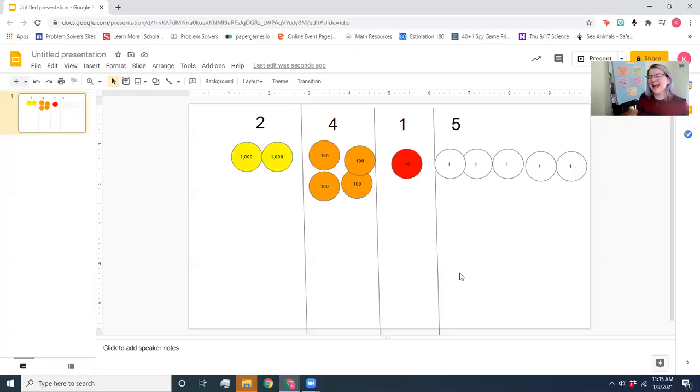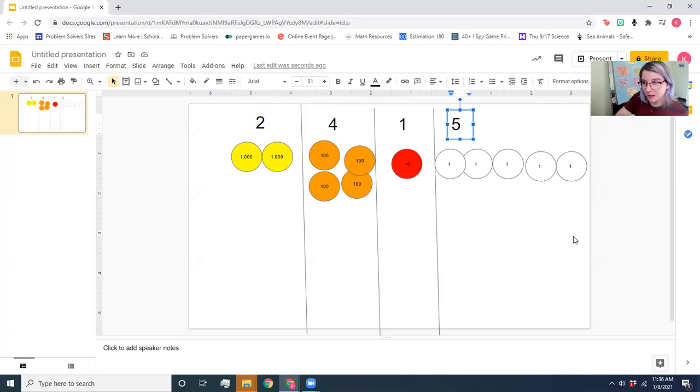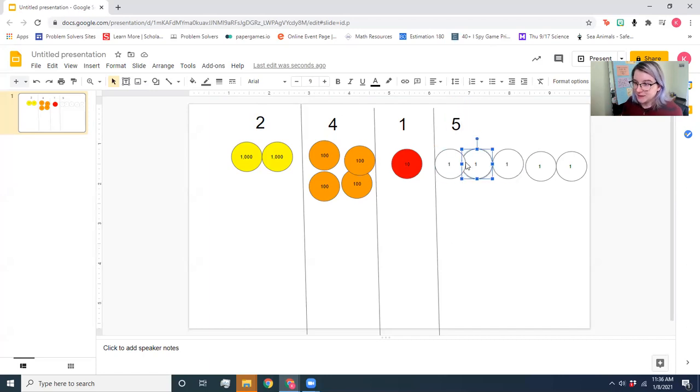Okay, so here I have a visual representation of the number 2,415 split into the place values. So in the ones place, we have 5 ones. 1, 2, 3, 4, 5. In the tens place, we have 1 ten.